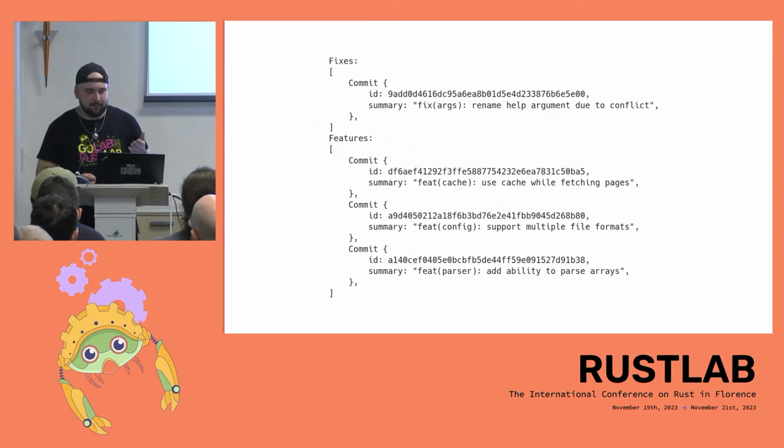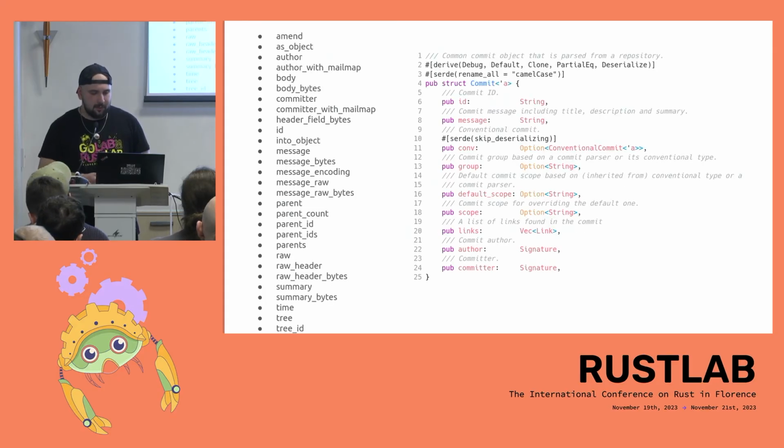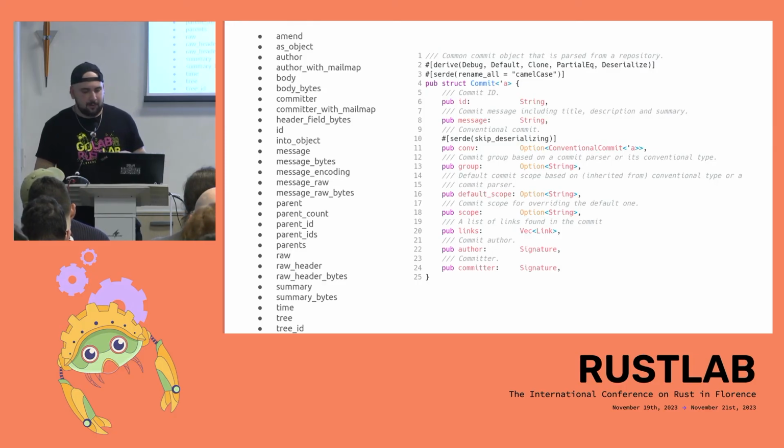Fixes contains a commit which starts with fix, and the features contains the feature commits as well. Just to give you an idea, here are the fields that you can access using Git2. So we use the message, but you can also use the summary and header and committer info, author info, a bunch of stuff that you can use using Git2.